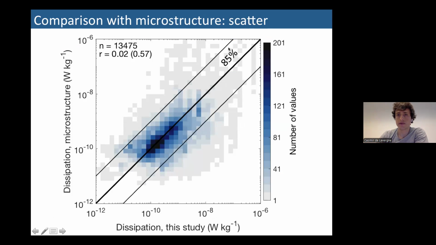So 85% of values agree within an order of magnitude. And the correlation, if you use the log scale dissipation, is significant, 0.57. If you use the raw absolute values, it's not significant.